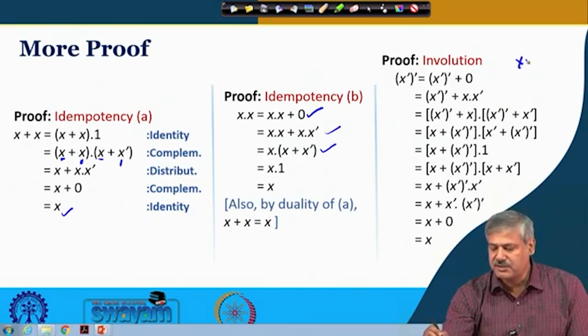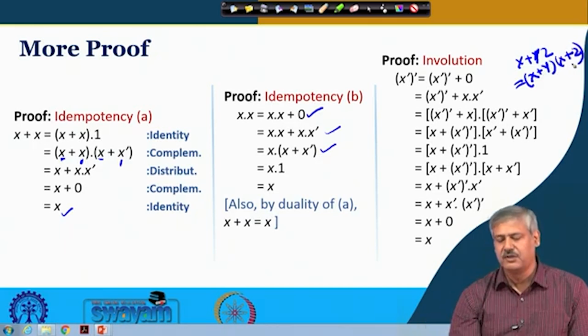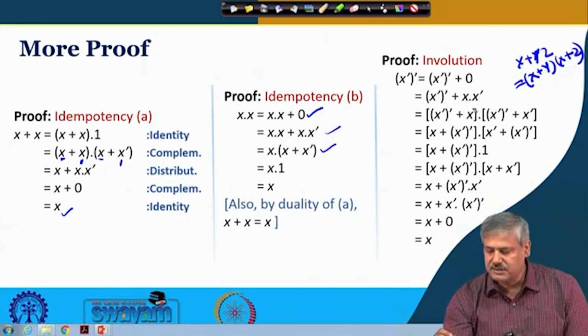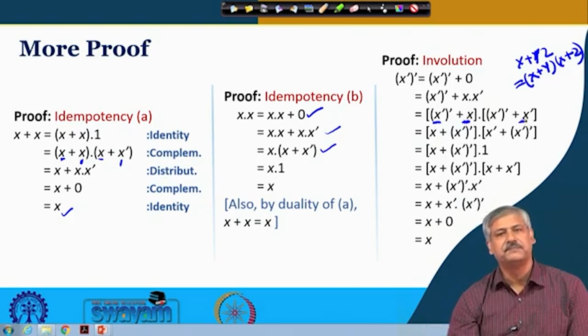So from x plus yz, you are going to x plus y and x plus z. Okay. So this is your x, this is your y, and this is your z.